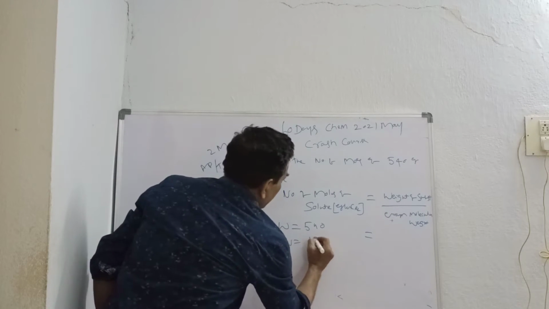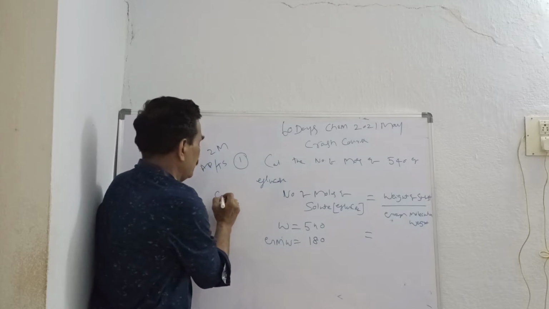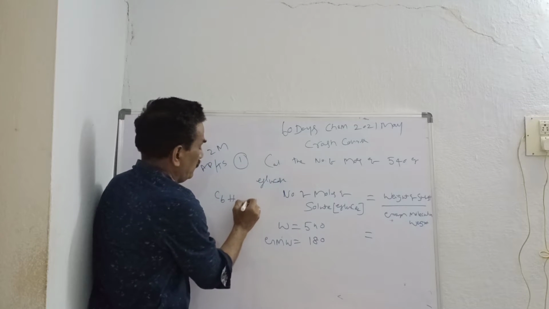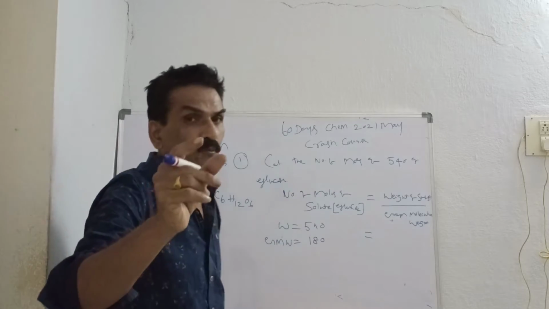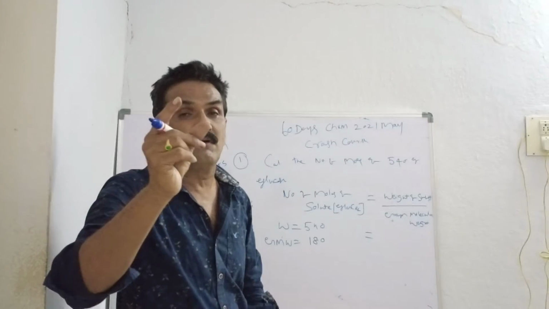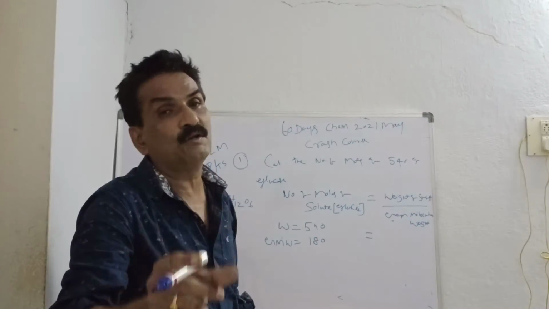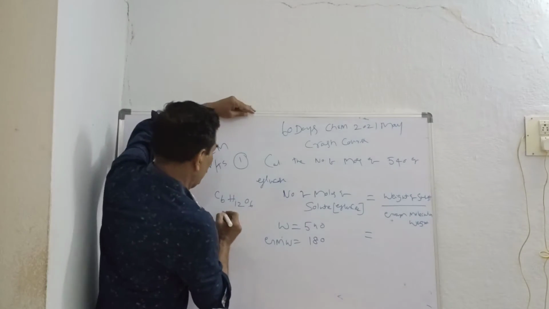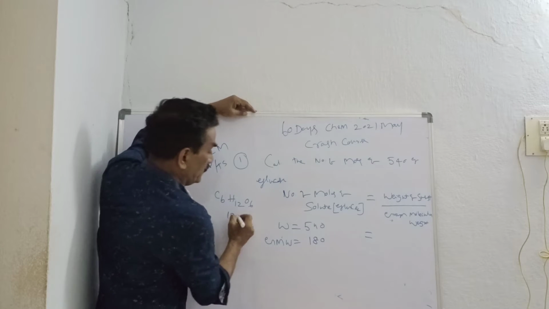That is 180. You know already, C6H12O6. If you want to do molarity problems or number of moles problems, you are supposed to know all the molecular weights. So glucose is 180.